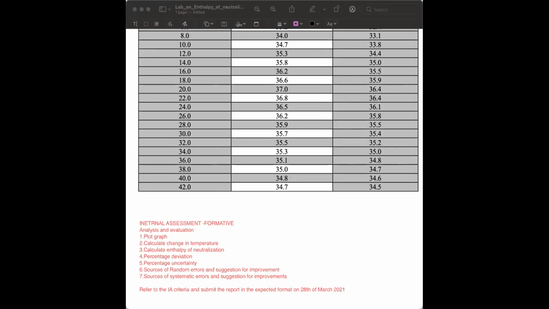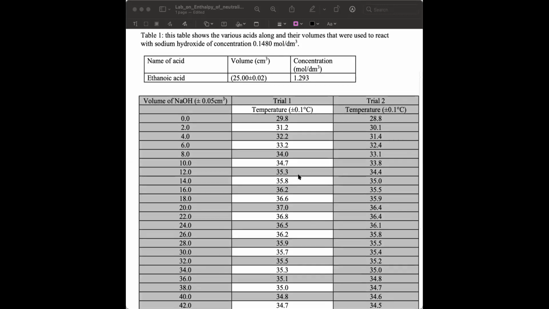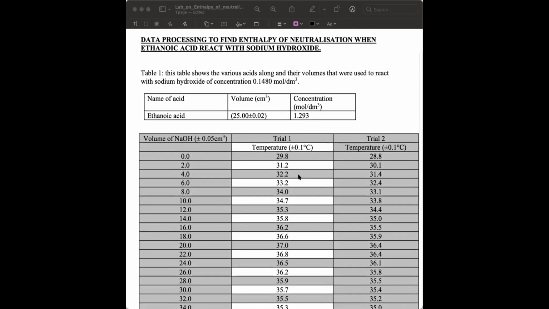But again, you have to go with those readings because you have not taken them, you are being given them. Percentage uncertainty is not a problem, but I think this is a highly deviated value. There is one simple reason for it. Okay, now see here, one simple explanation.